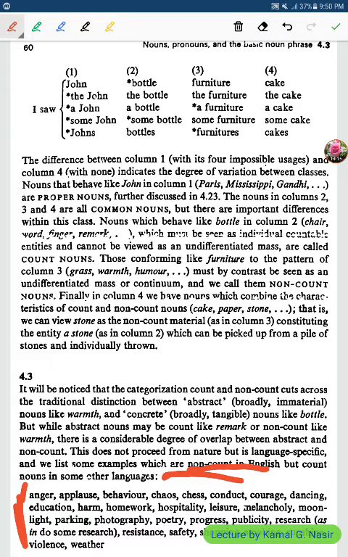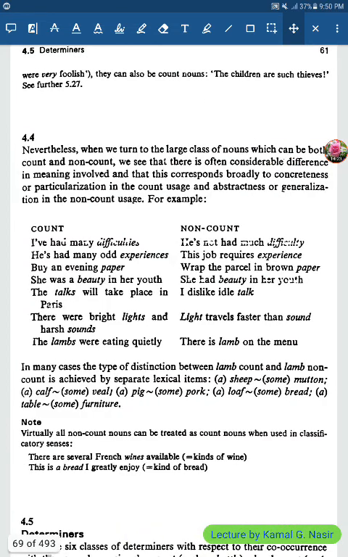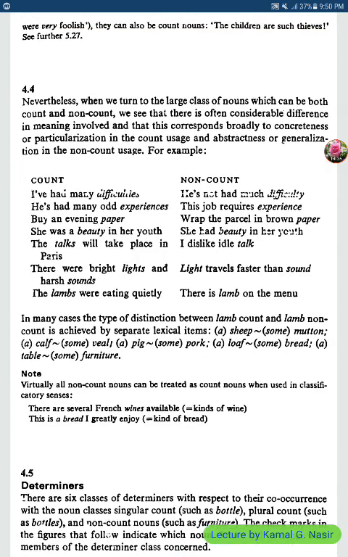Now we come to other nouns. For example, look well. We have, for example, resistance and safety. Resistance and safety, sorry.